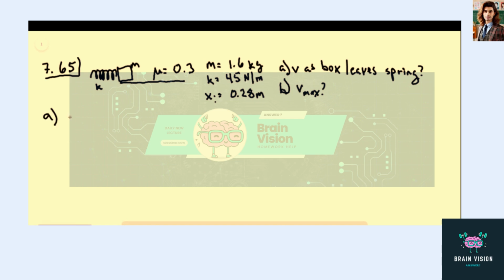So we know that the box starts from rest, and so the initial energy must all be potential, (1/2)kx squared, and then the work done on it by friction, mu, and then the normal force is just its weight, times x naught, because this moves a distance of 0.28 meters before it clears the spring, and that's the moment where we want to find the speed.